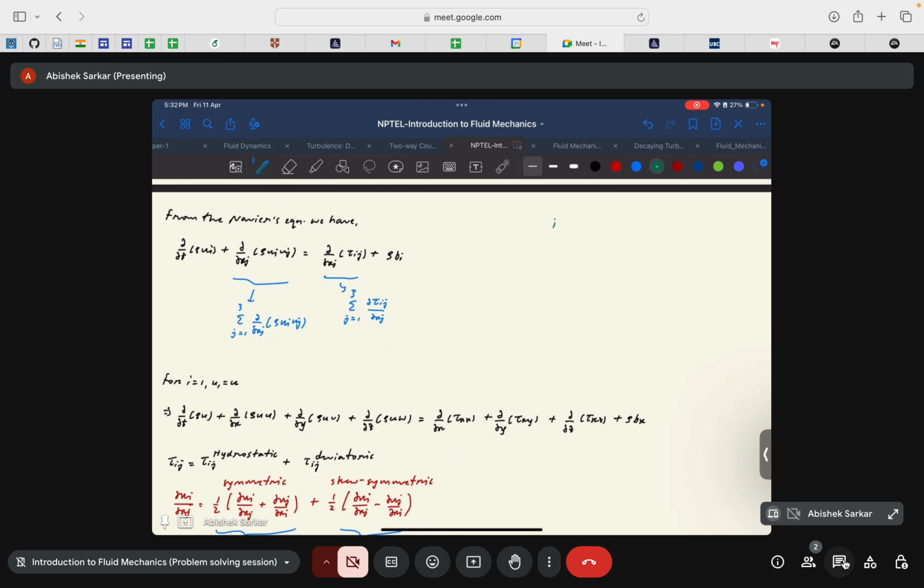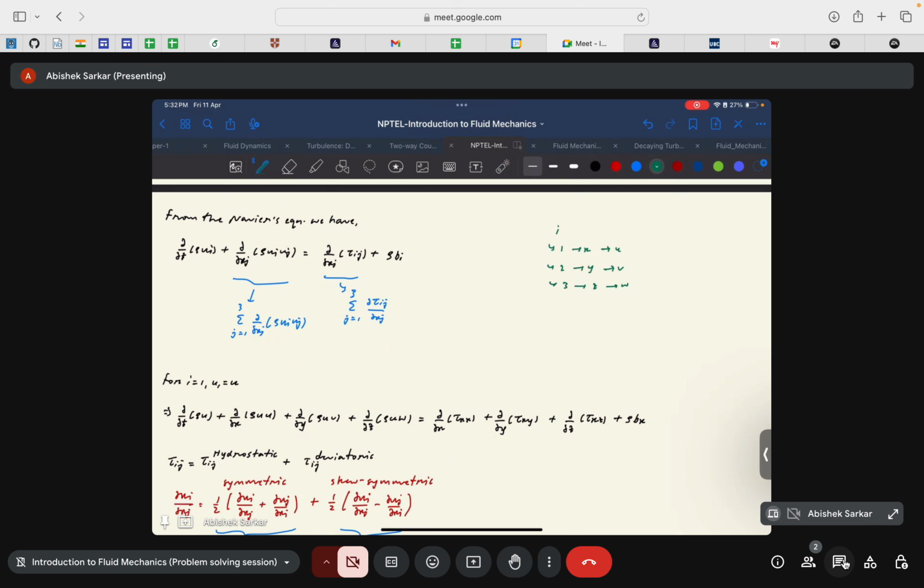For the index i, 1 would correspond to the x component, 2 would correspond to the y component, and 3 would correspond to the z component. And similarly, this would be u, v, w, basically the x, y and z components of velocity.